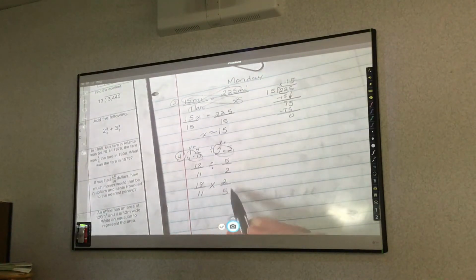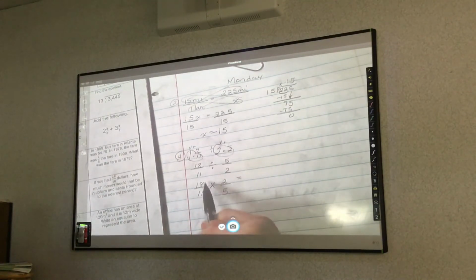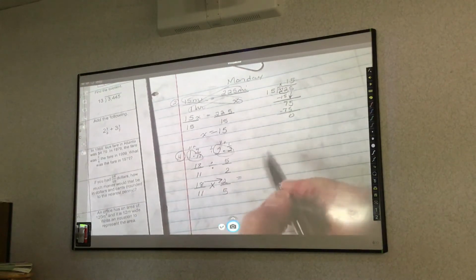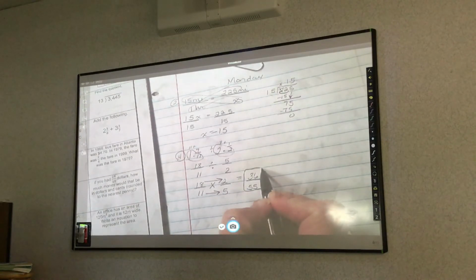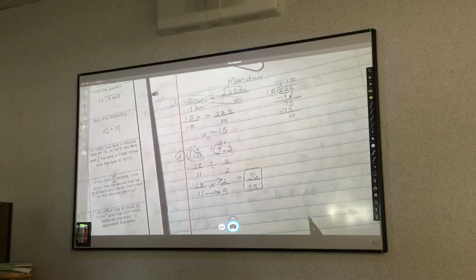I cannot reduce anywhere, so I just multiply. 18 times 2 is 36. 11 times 5 is 55. I cannot reduce this fraction at all.